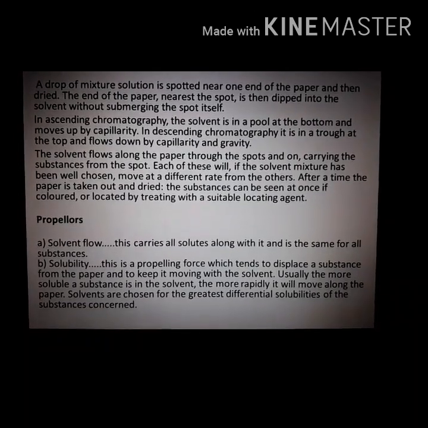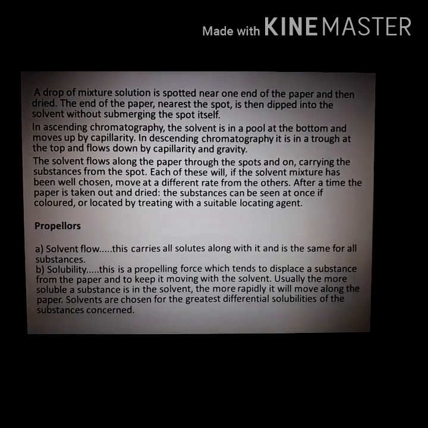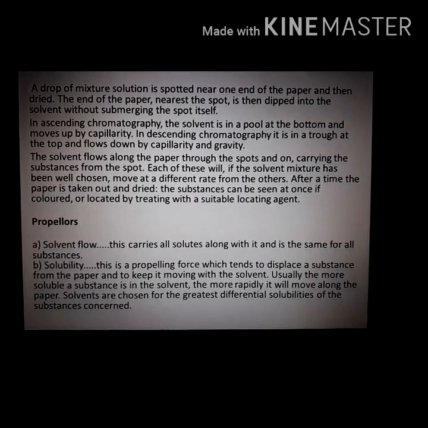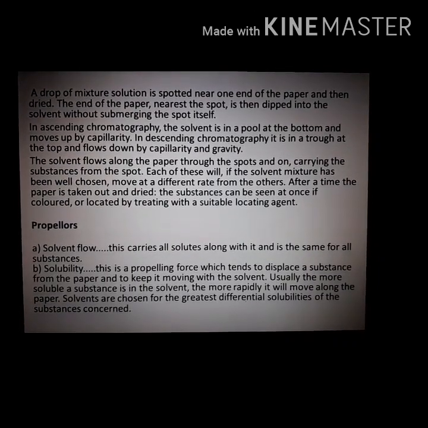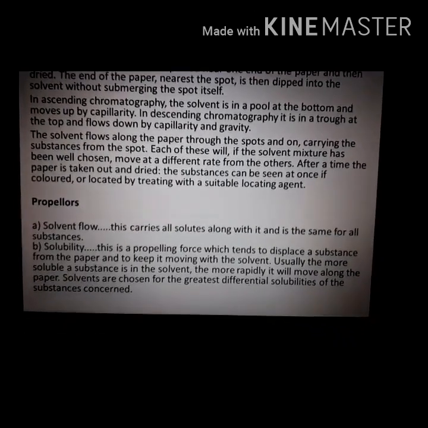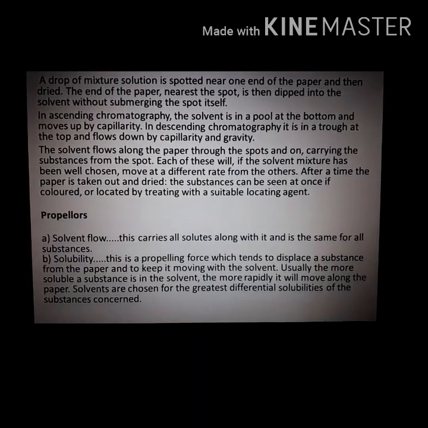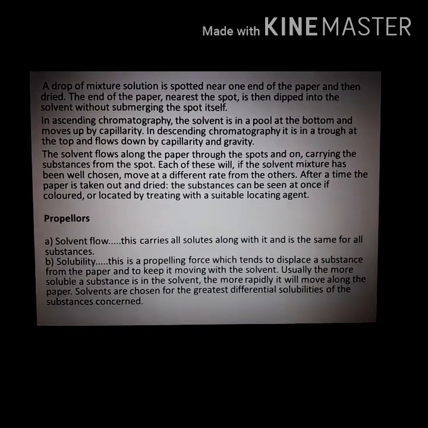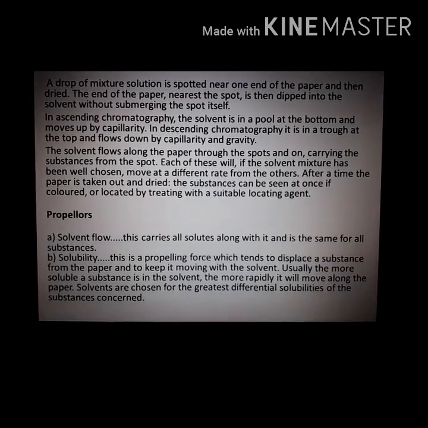Clear, students? After some time the paper is taken out and dried. The substances can be seen at once if colored, or located by treating with a suitable locating agent. The solvent acts as the propellant, carrying all the solutes. It is a propelling force.